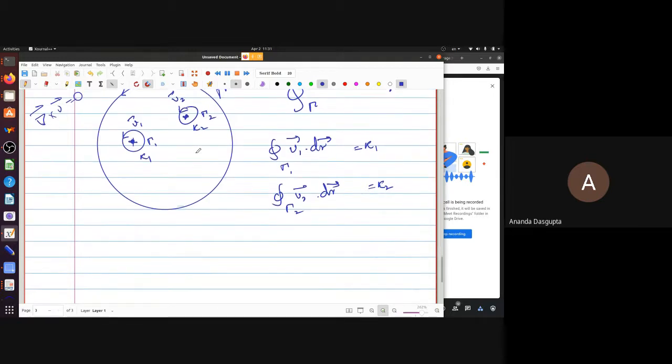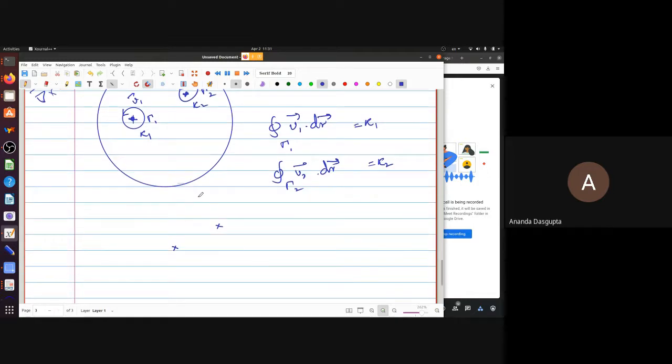Okay, I think you've all done this, but let me just remind you. Suppose you had these two regions where you had non-zero possible curl, but everywhere else curl was 0, and you wanted the circulation about this path, this big circle, but instead of going through the entire circle, you could go like this, right? Does this remind you of something? What will the circulation about this path be?